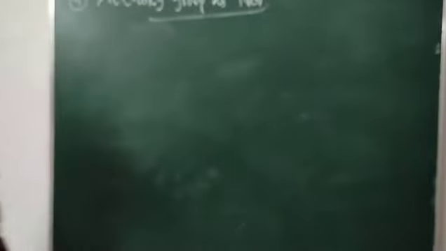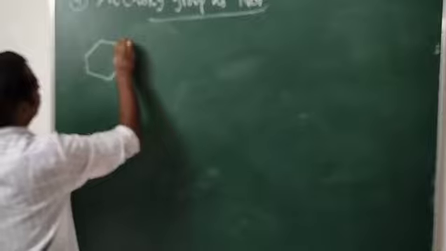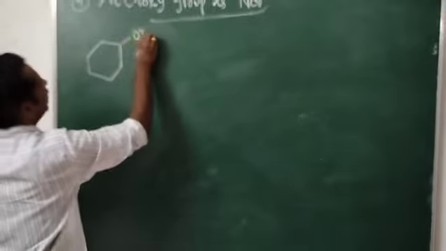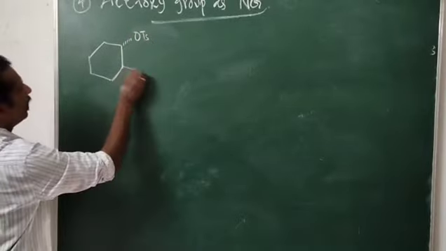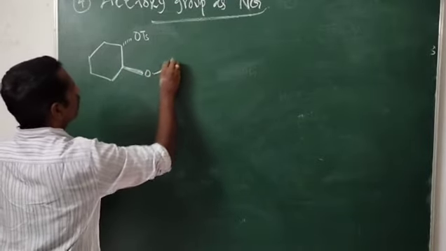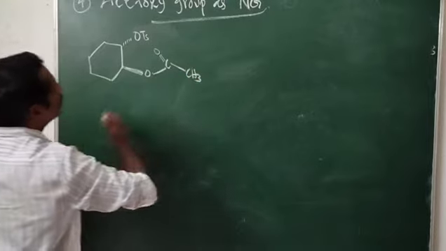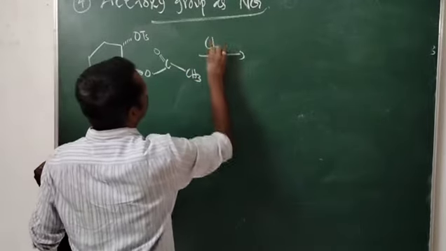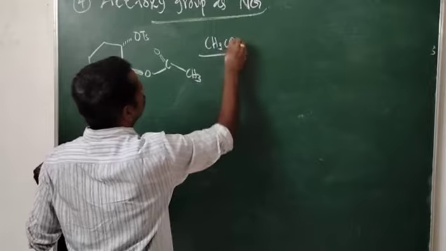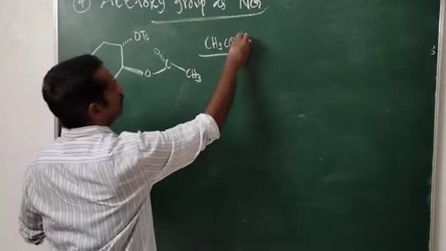Okay, look at the example. Here you can see that here is our OTS, our leaving group, and here it is O, C double bond O CH3, the acetoxy group. Okay. Reaction with CH3COOH. Okay, and that means CH3COO minus and H plus.